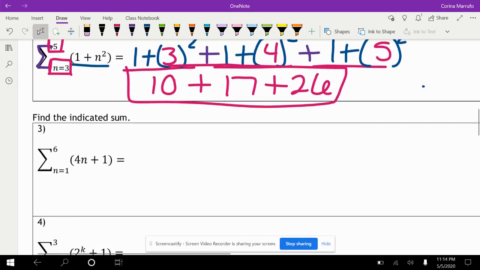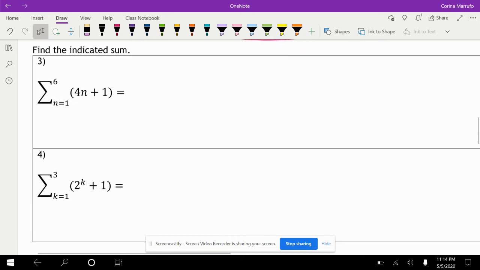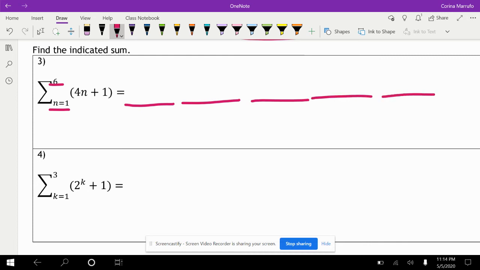All right, now they want us to find the indicated sum. If we look at the first one, they actually want us to find the sum. Here they want us to start at 1 and end at 6, so we're going to have 1, 2, 3, 4, 5, and 6, and we are going to add all of these up: plus, plus, and plus.